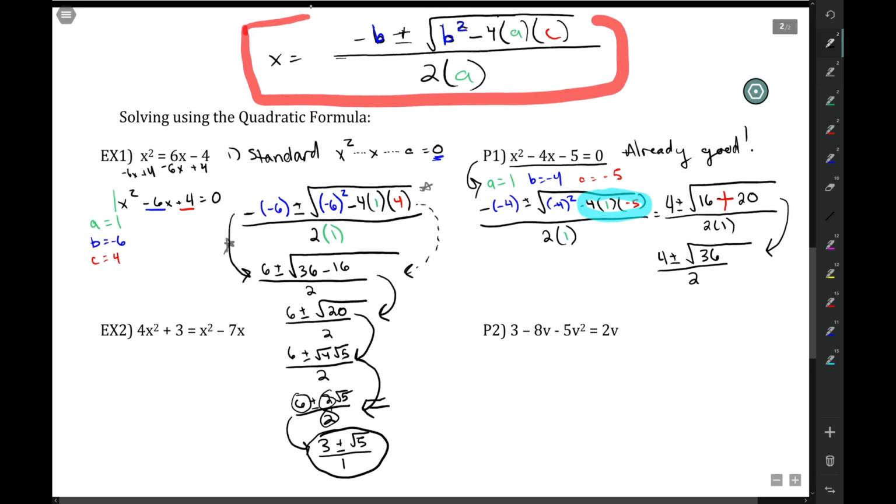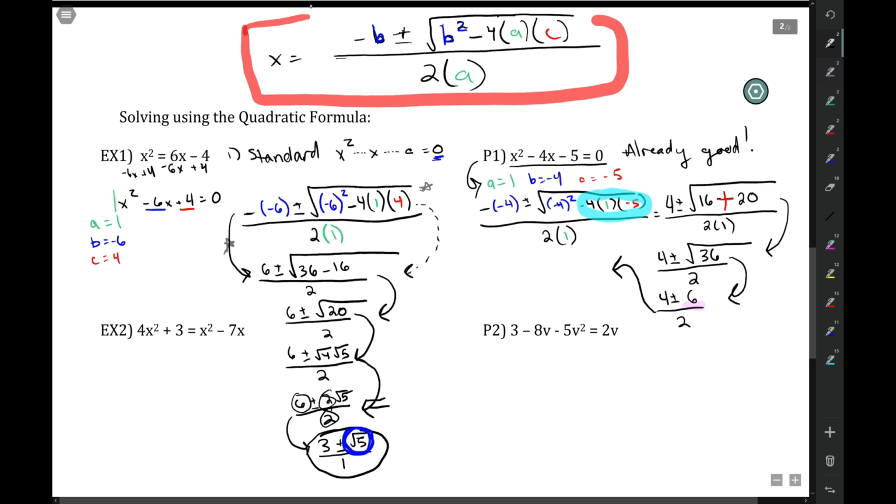And here's where some more neat stuff happens. You should recognize, hey, 36 is really just 6 over 2. And from this step, notice here we have this funky radical, the radical of 5. Here we have a nice number. If you have this nice number, we can just go ahead and separate this into 2 problems.